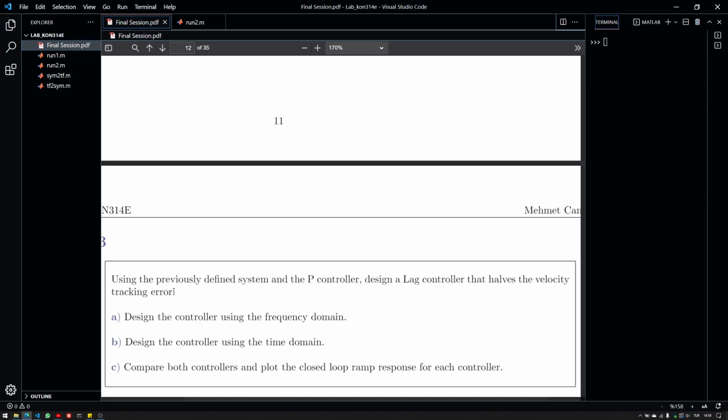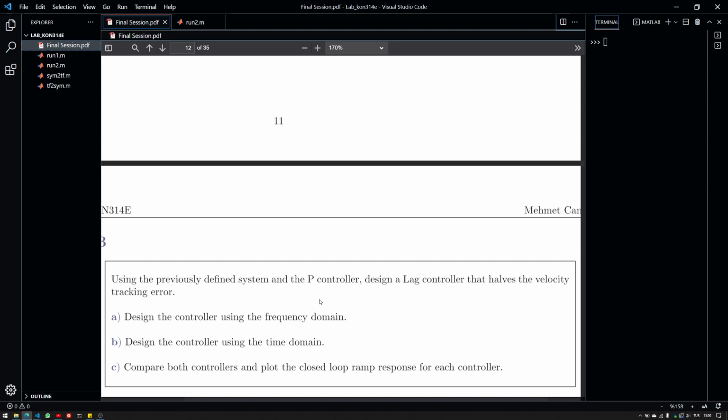So there are three types of error constants. One of them is the velocity tracking error, which is given here. There is a position tracking error, which corresponds to step type inputs. The velocity is for ramp type inputs, and then there's also acceleration type tracking error, which corresponds to the parabolic inputs.